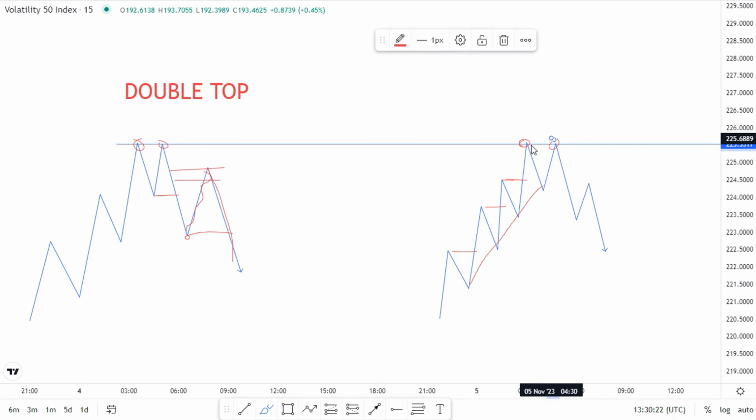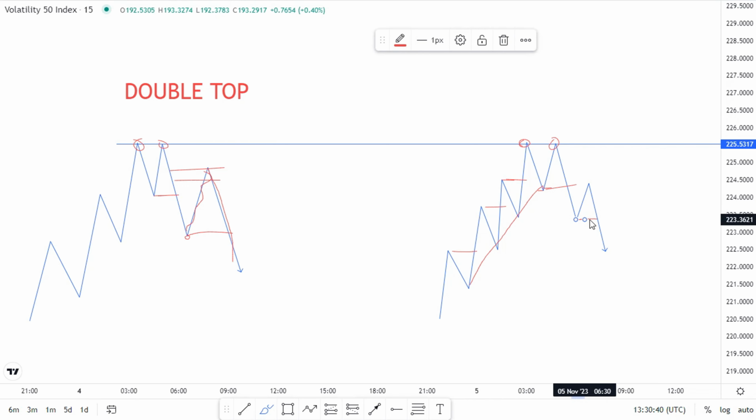So it tapped double, first and second, and after the second tap, we saw the market change its character here by breaking this previous lower high, creating the new low around these areas here.